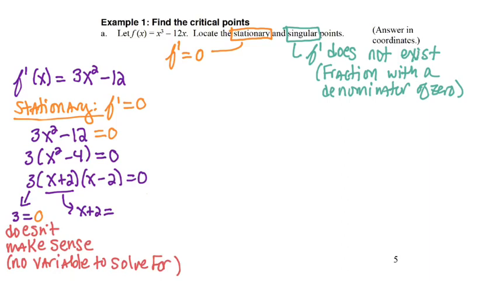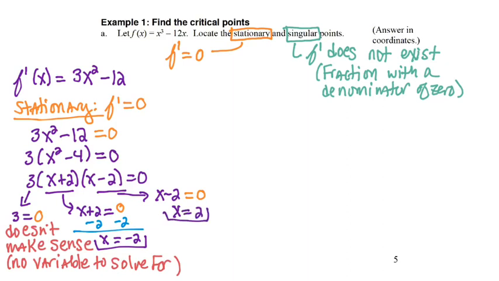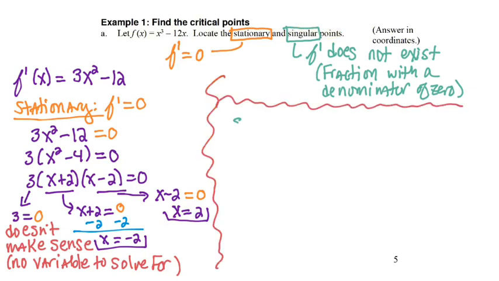But x plus 2 set equal to 0, we would solve for x by adding the opposite to both sides and get negative 2, although most of you probably don't even need to take that step. You could just take your binomial, like in this case, x minus 2, set it equal to 0, and just know that x equals 2 is the only value. So I have now found two stationary points, and I'm moving on to find my singular point.